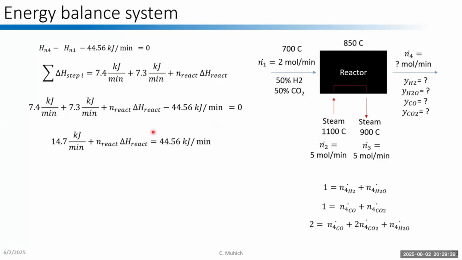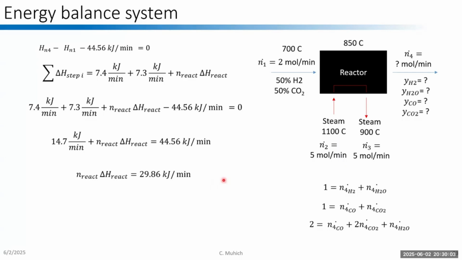Sorry, I only have two unknowns, right? N react and delta H react. So I can do some simple arithmetic and end up with the fact that N react times delta H react must be 29.86 kilojoules per minute.